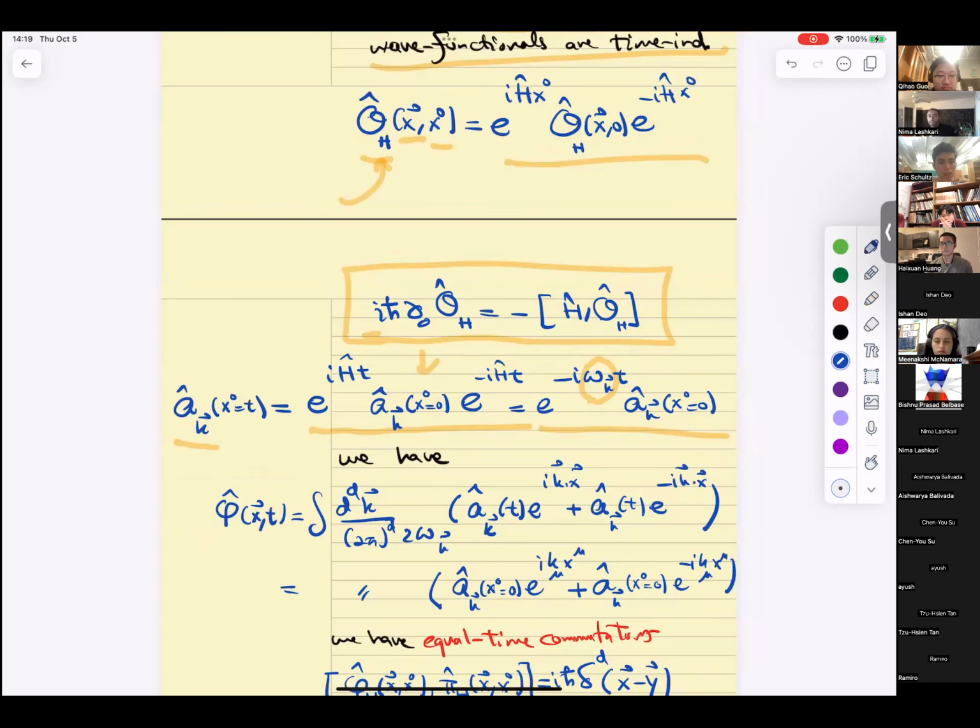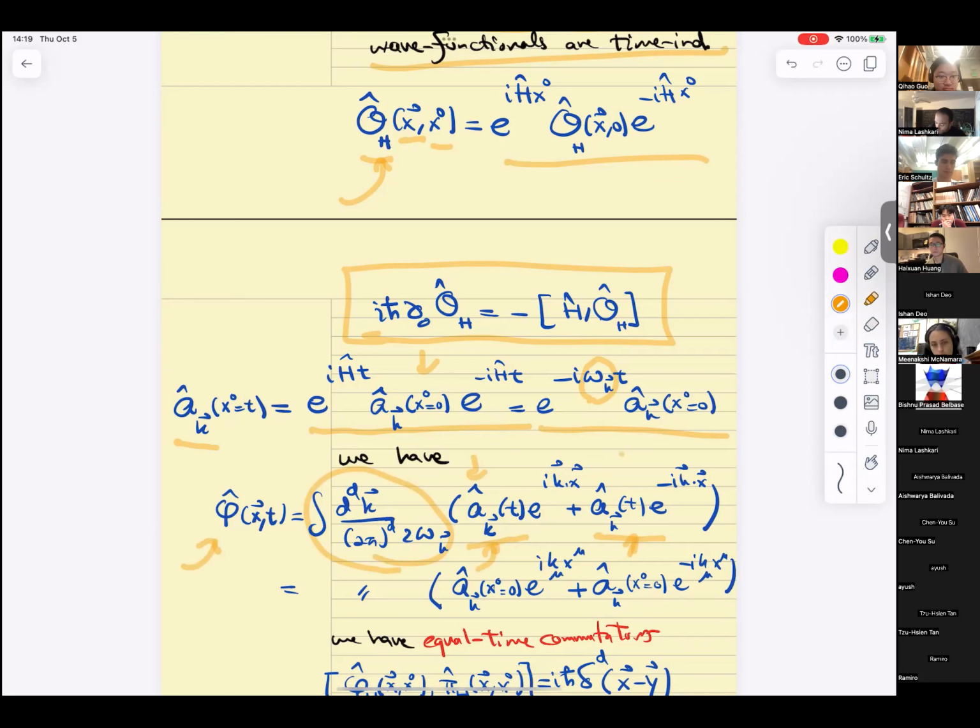So your phi of x and t is going to be an integral over, again, this Lorentz invariant measure, a_k of t, like that, right? Because these are the operators. The way you evolve phi is by sandwiching with the unitary. The unitary acts on operators.